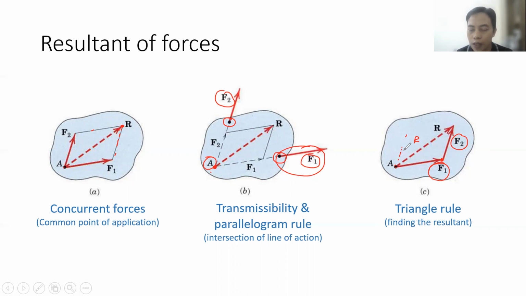And then we have to notice again that the resultant of forces that we have here is also drawn from point A, the common point of application of F1 and F2. Okay, so we have to remember that.